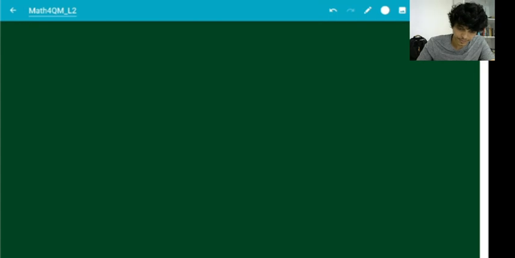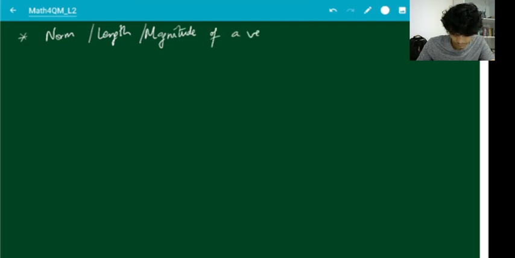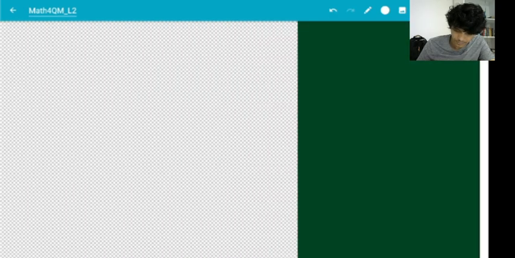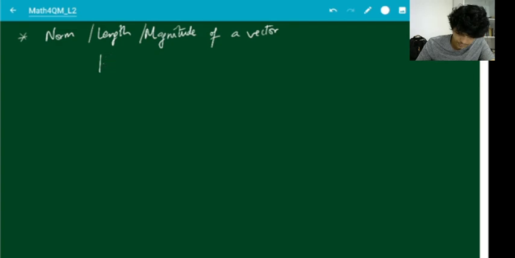One we have already seen, which is the norm or the length or the magnitude of a vector, and this is defined as the length of v, and this is just the square root of the inner product of v with itself.